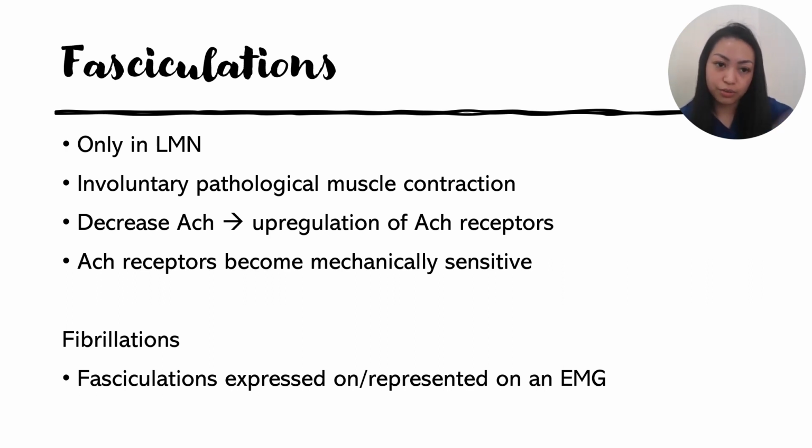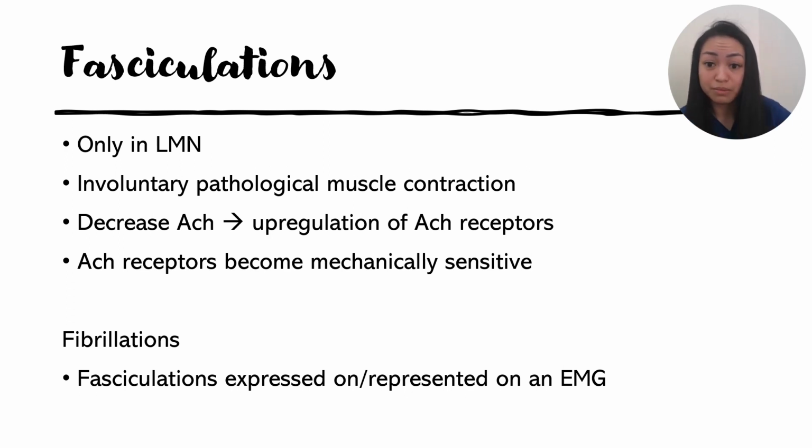So if we decrease the acetylcholine being released from the axon terminal, this is going to lead to the upregulation of acetylcholine receptors. Why? Because the muscle is going to think, oh, maybe there are not enough receptors, that's why I'm not getting stimulated so much.